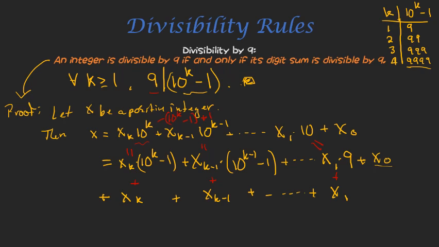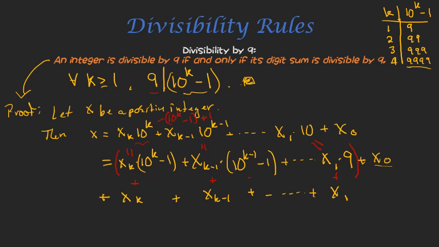And so the deal here is, look at just this part. 9 divides 10 to the k minus 1 for each k. So 9 divides each one of these terms, x sub i times 10 to the i minus 1. So it divides the whole sum.